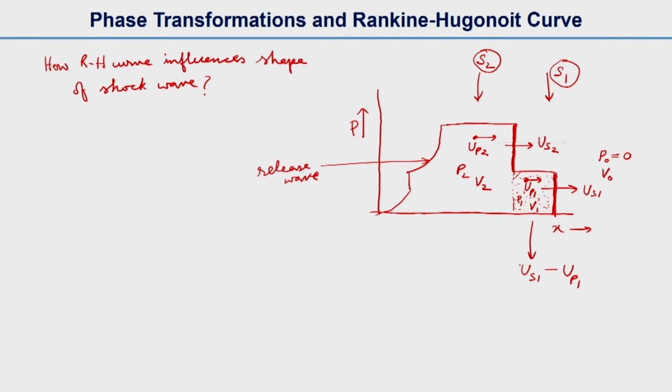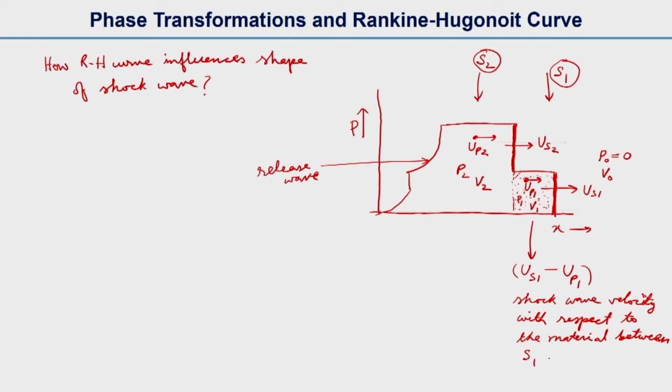So we can write this as the shock wave velocity with respect to the material between shock fronts S1 and S2.